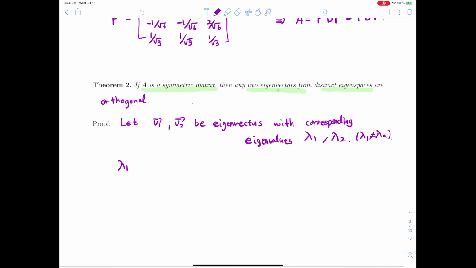Then consider lambda 1 times V1 dot product with V2. If you write this as a matrix product, then this equals lambda 1 V1 transpose times V2. Because V1 is an eigenvector, we have A V1 transpose times V2. And if you distribute the transpose into the parentheses, this gives V1 transpose times A transpose times V2.